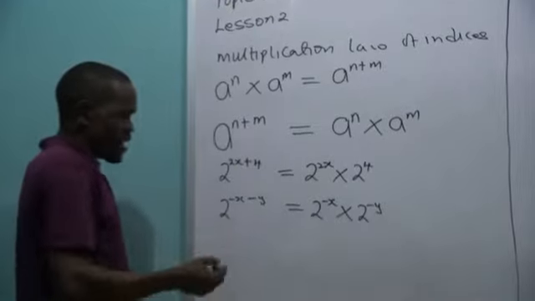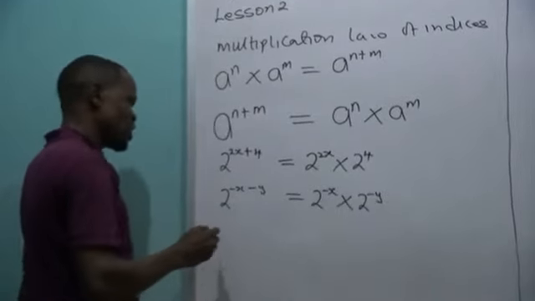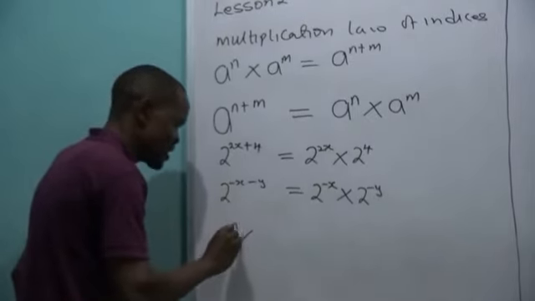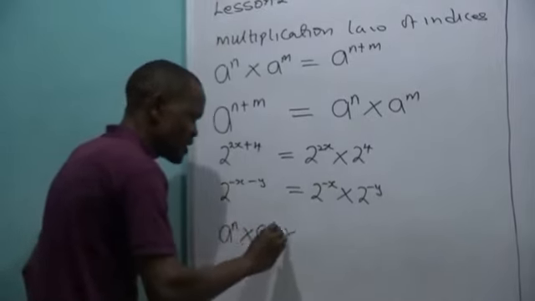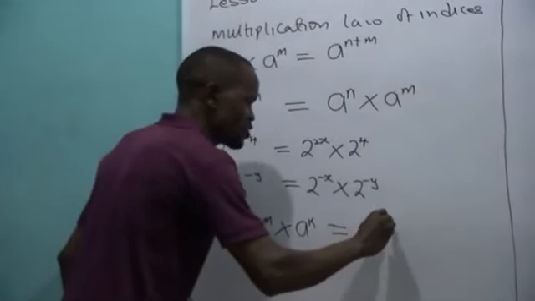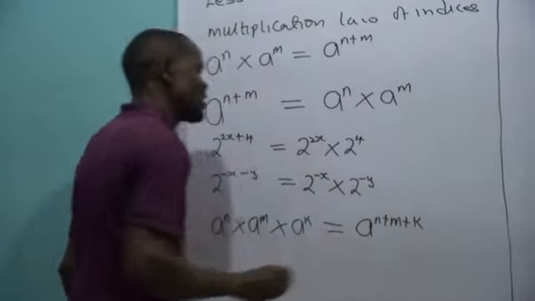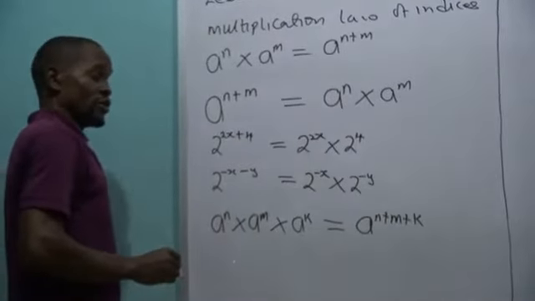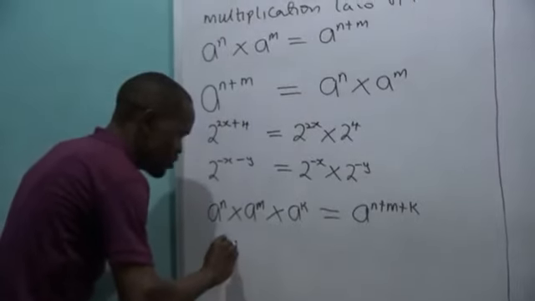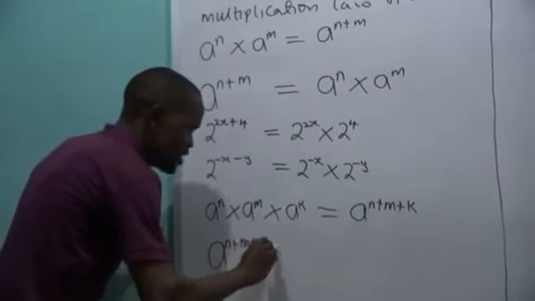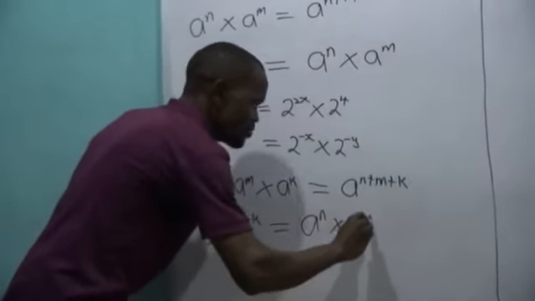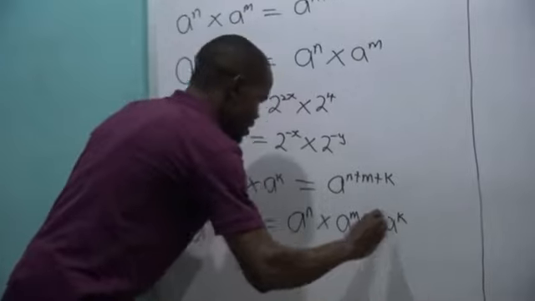So now, assuming that this is also applicable to 3 or 4 terms. That means a raised to the power n times a raised to the power m times a raised to the power k gives us a raised to the power n plus m plus k, which we learned before. So we can also say that a raised to the power n plus m plus k simply means a raised to the power n times a raised to the power m times a raised to the power k.